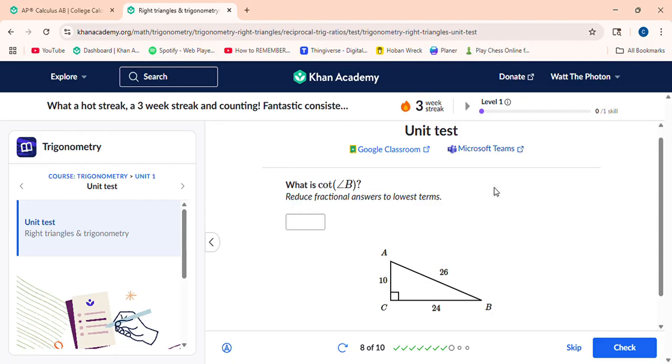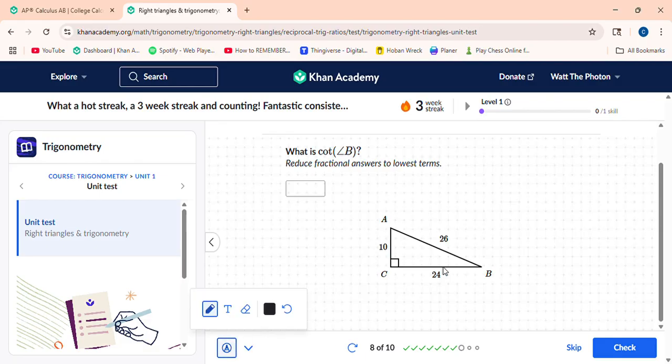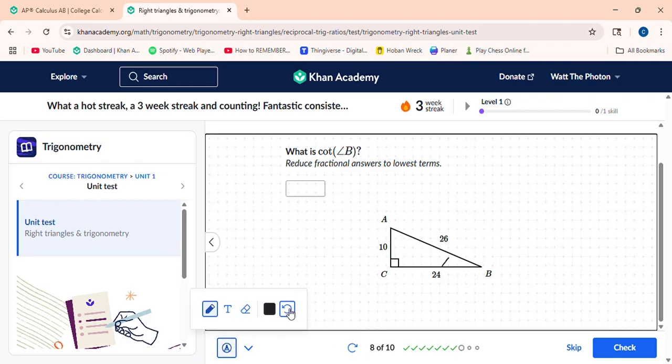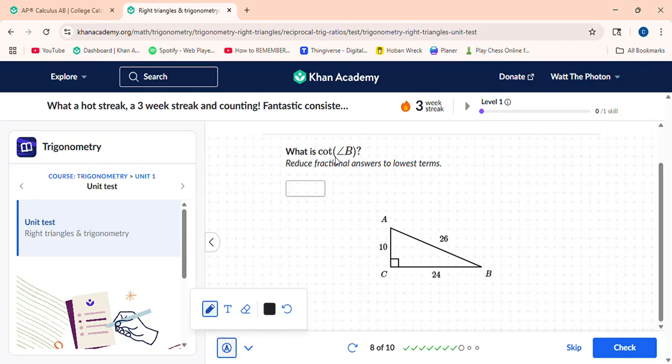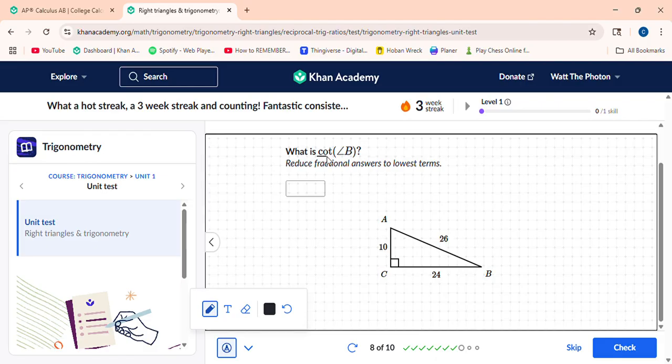Cot of B. So that's 1 over tan. What is cot of angle B?